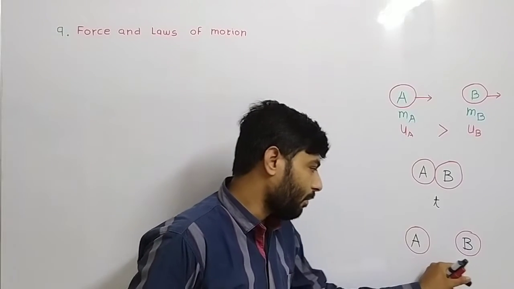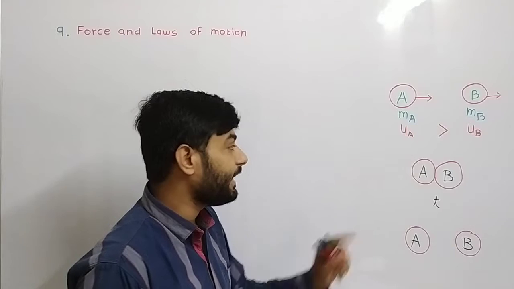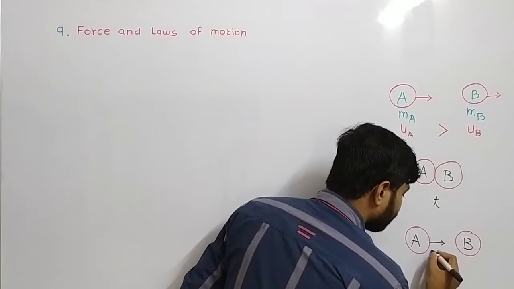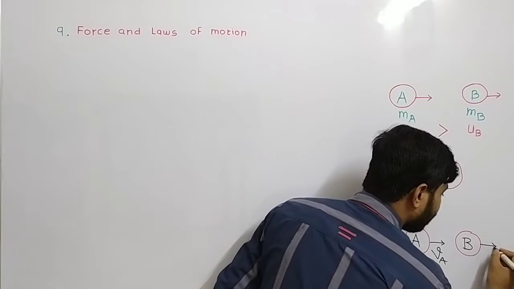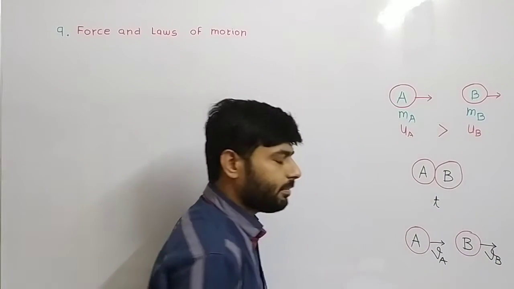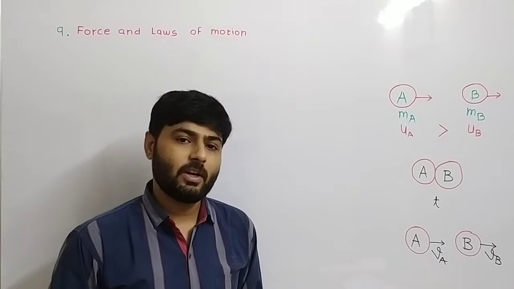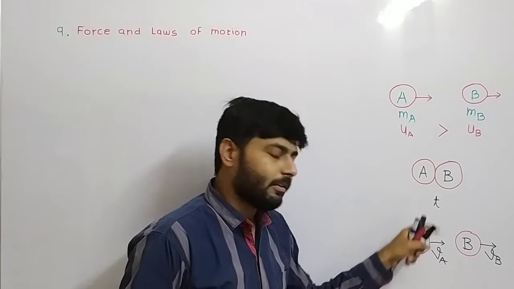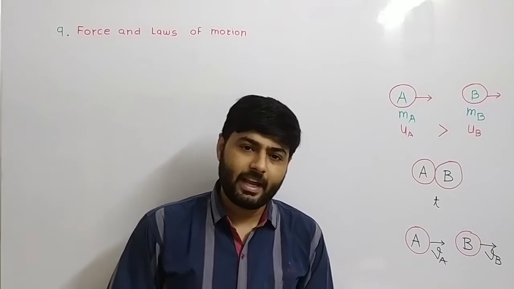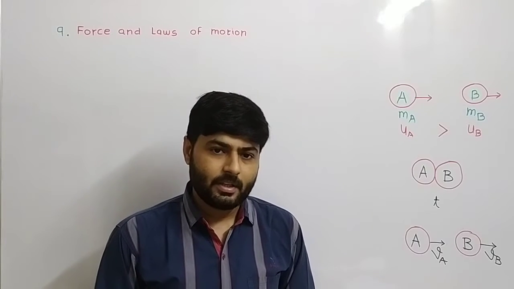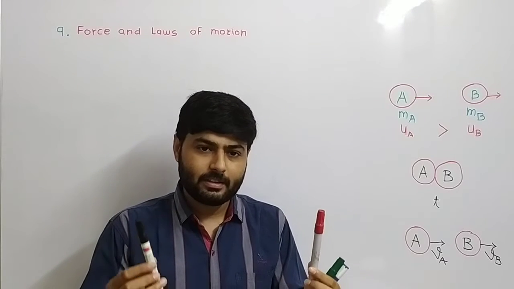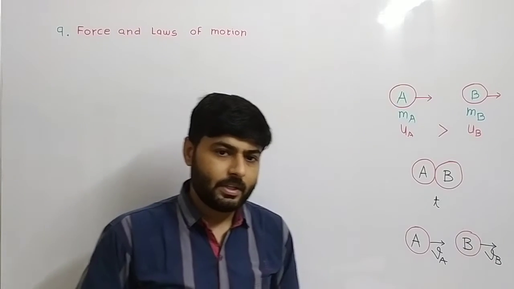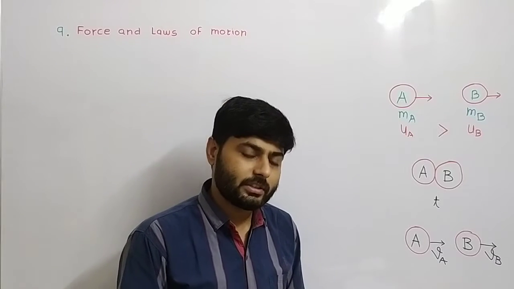Now these balls have not the same velocity as before, but they have velocity VA and VB, which means there is change in velocity after collision. It is obvious that when we have seen accident, in accident there is bike or say car, when they collide, will you think after collision they move with same velocity or say speed?